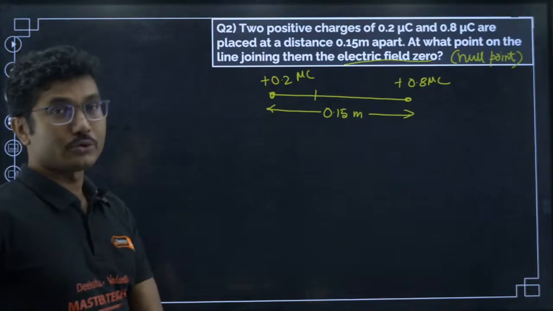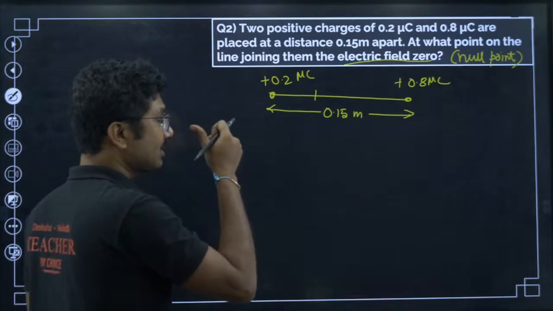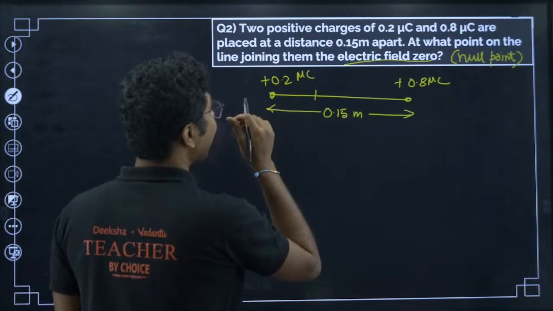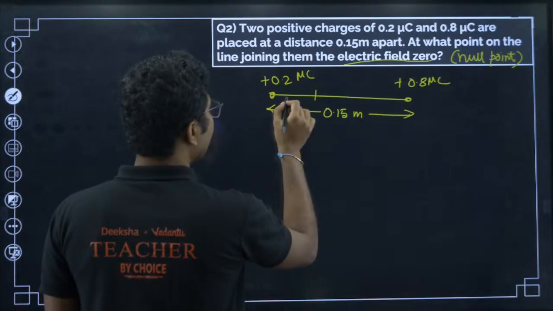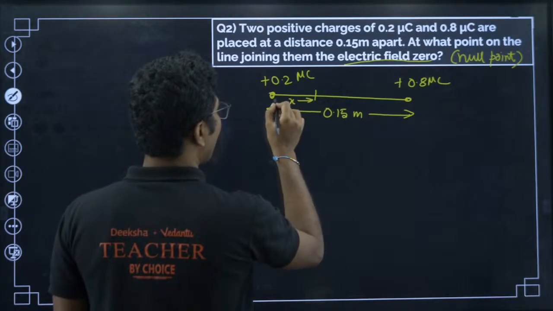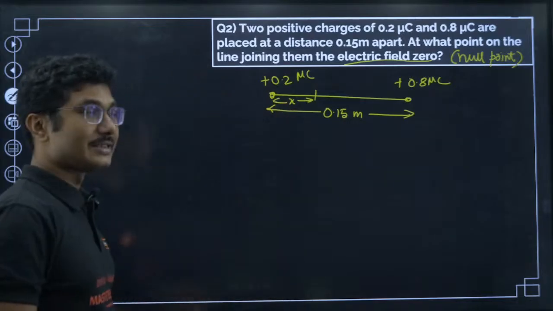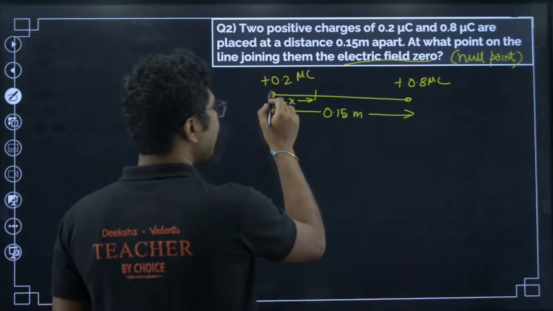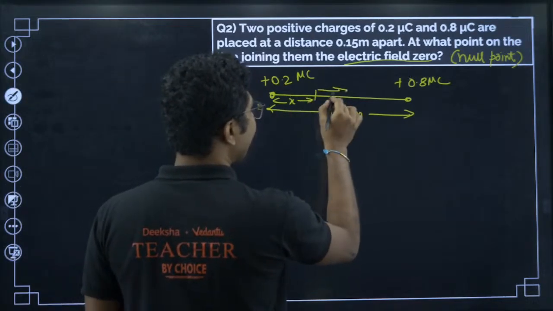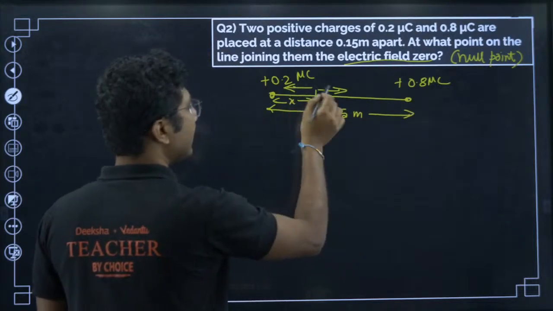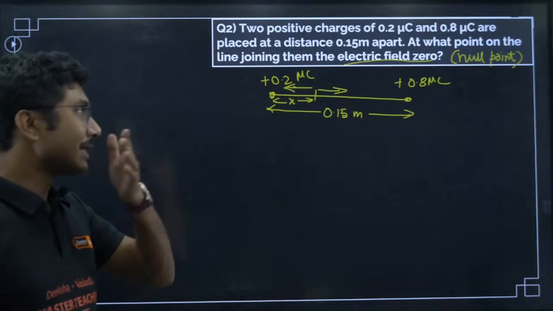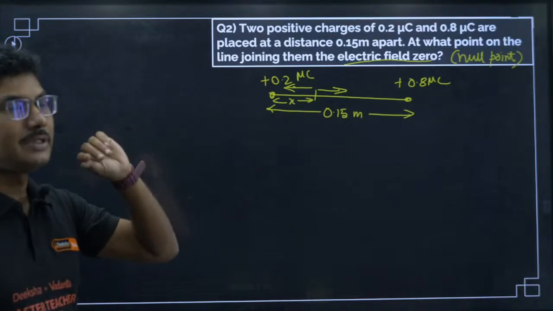So let's say this is a distance x from the small charge. This charge will have an electric field in this direction, this charge will have an electric field in this direction, they will cancel each other. That is why the net electric field will be 0.